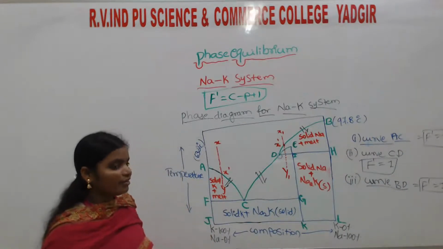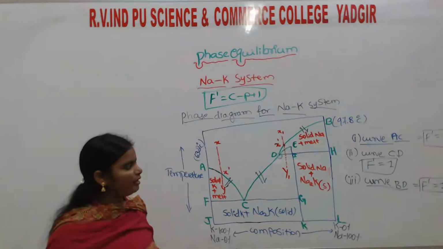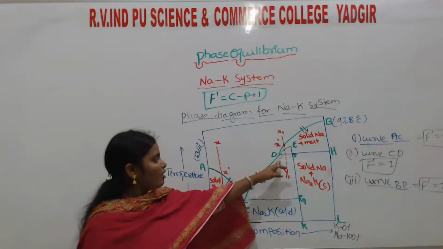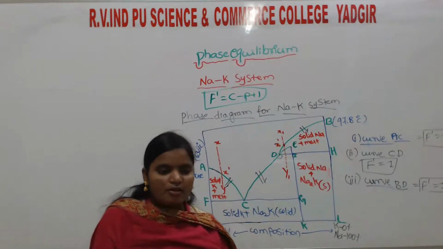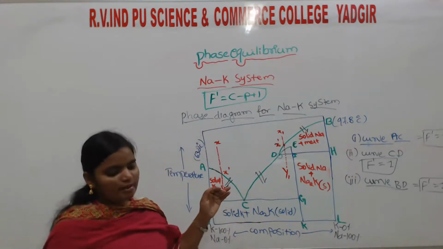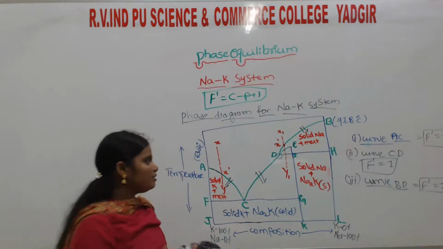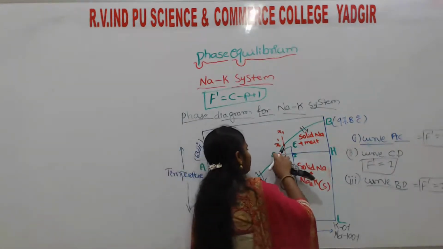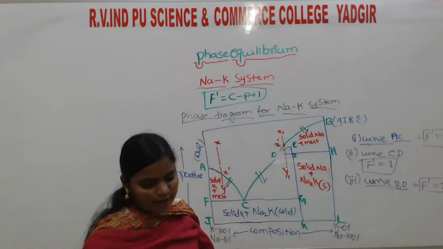In the ferric chloride and water system we considered a congruent melting point, and here it is an incongruent melting point. D represents the incongruent melting point, and these are the effects of cooling. When you are cooling along the curve, this is what happens. Next points.